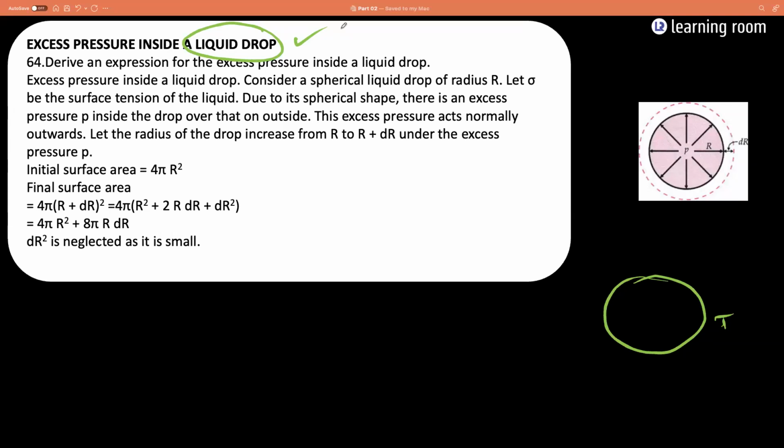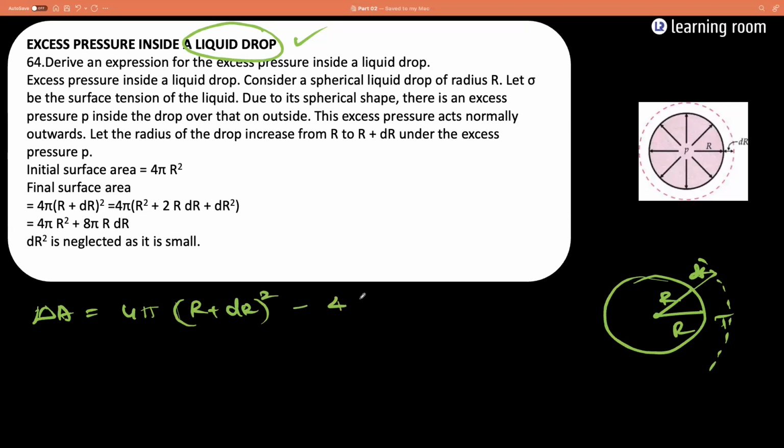So it is 1. Now, having this liquid drop, if there is an increase in the radius from R to R plus dr, let's say there is a small amount of increase in area that has taken place. So what is the change in area taking place? Is it not 4 pi into R plus dr the whole square minus 4 pi R square?